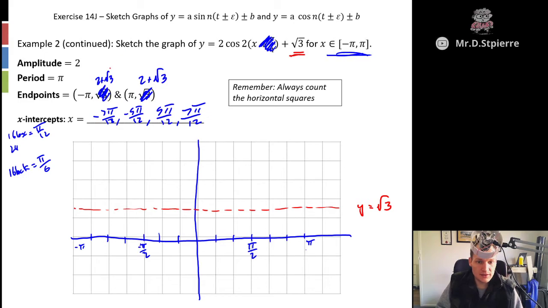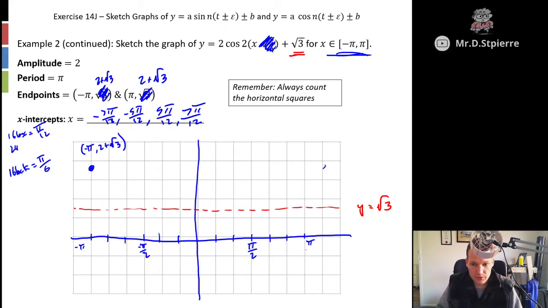Now we can start substituting in the endpoint negative pi on 2 plus root 3, because the amplitude is 2. So that's going to be 1 point something plus 2, which is 3 point something. So that's up there, that's negative pi on 2 plus root 3.